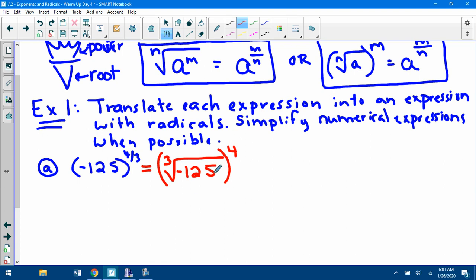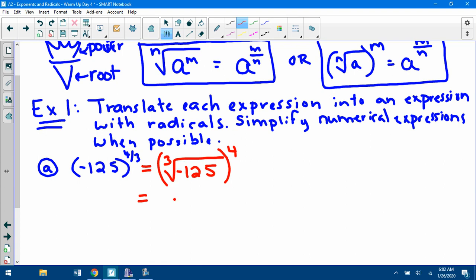Now, since it's a numerical expression, there's no x's or y's or any variables, we can simplify this. So work in the parentheses first. What's the cube root of negative 125? Well, you could do a factor tree if you really needed to, but 125 is one of those cube roots that a lot of people know already. And since it's negative, remember from yesterday, the cube root of a negative is what? Not i, that's the square root of a negative. The cube root of a negative is just negative.